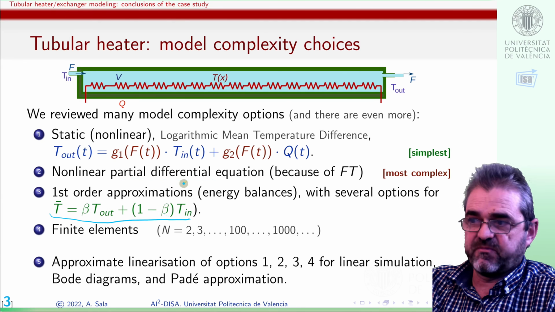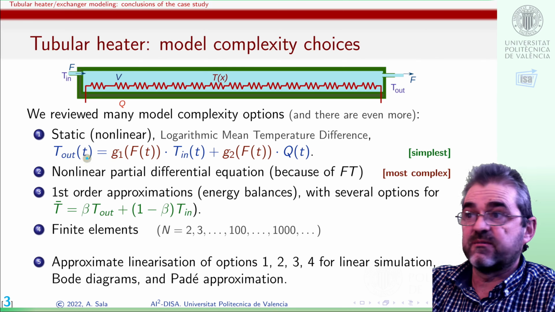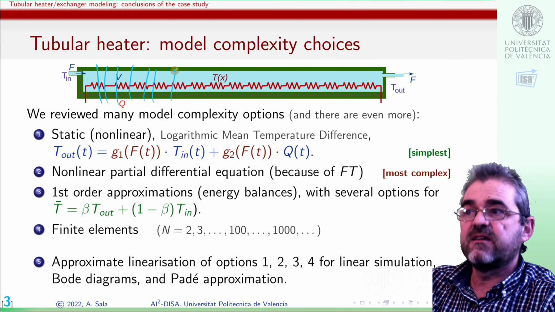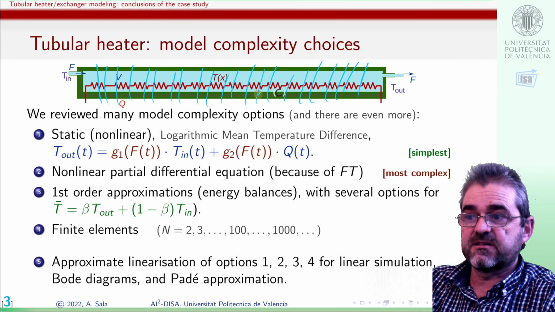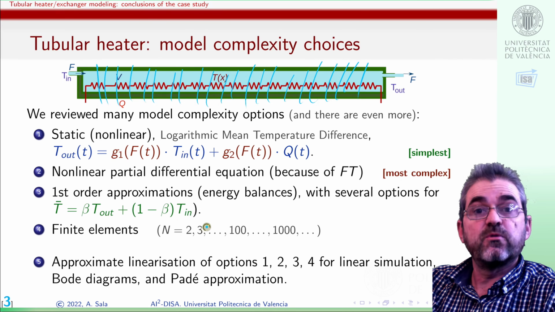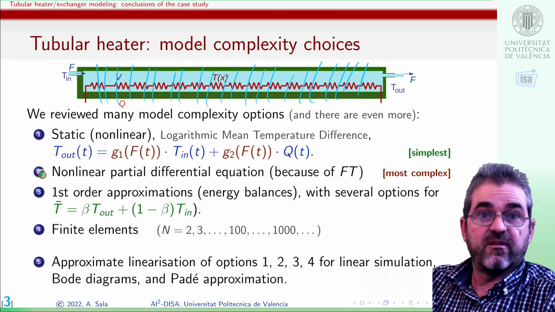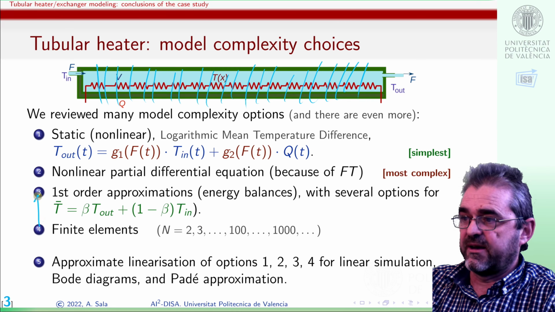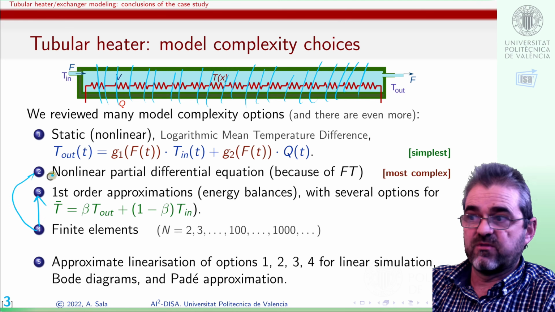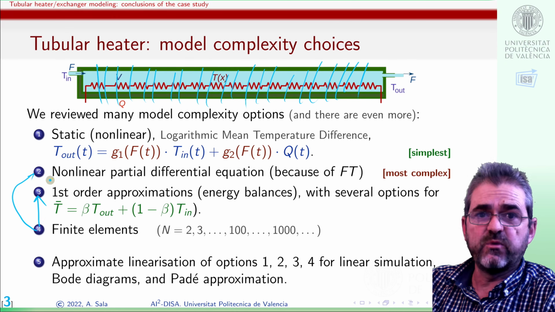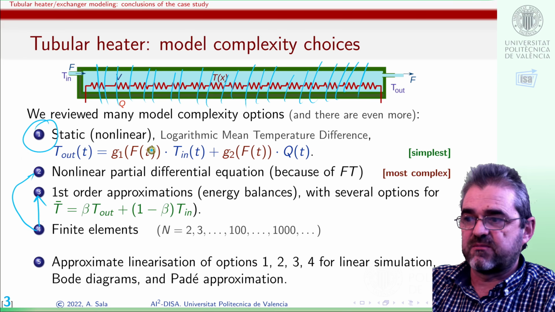But okay, so we have like first order approximations, and we also have finite element models in which I divide this thing in many smaller tubular heat exchangers, and I get an order 2, order 3, order 100 description as an approximation of a PDE. So with one element I get this, with 1000 elements I am very close to the PDE, and with, let's say, 0 elements, no dynamics, I get the static model.